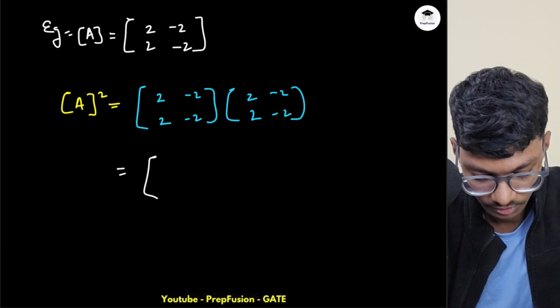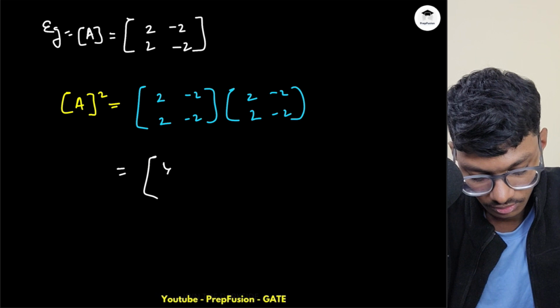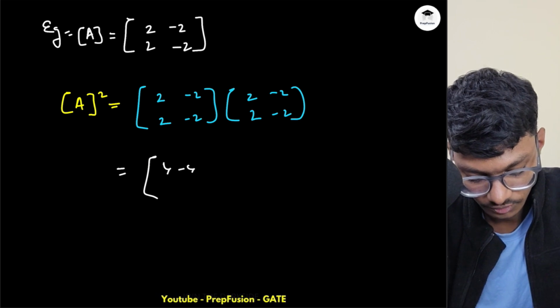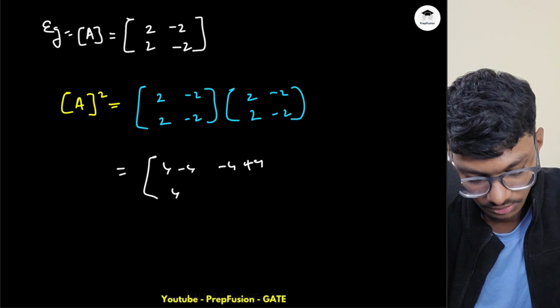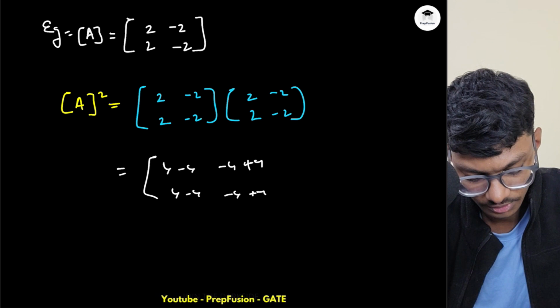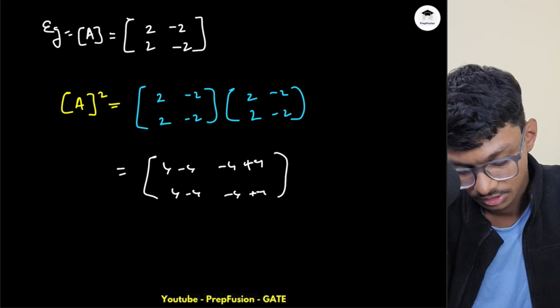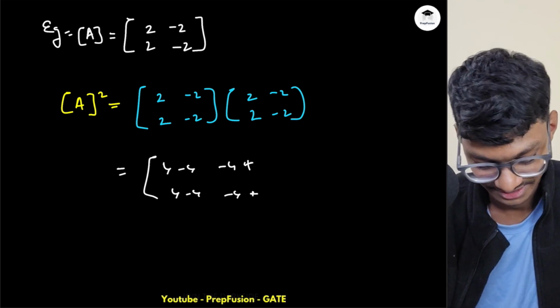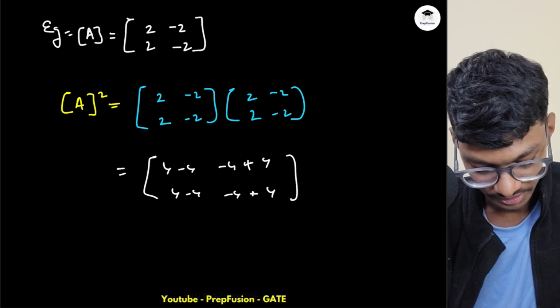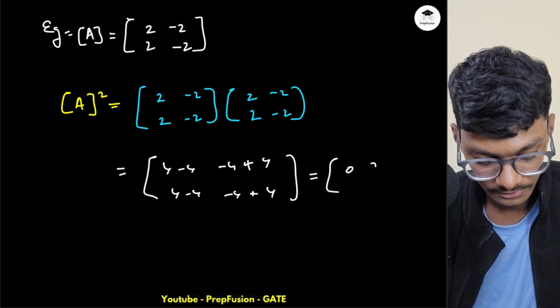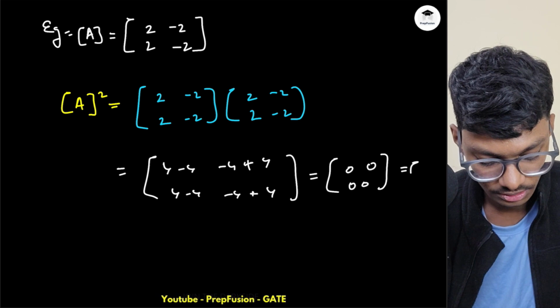So this will be simply equal to 2 times 2 is 4, and minus 2 times minus 2, which is minus 4, then minus 4 and then plus 4. So this is basically equal to the null matrix. Really sorry for my handwriting. So this is 0 0 0 0, which is a null matrix.